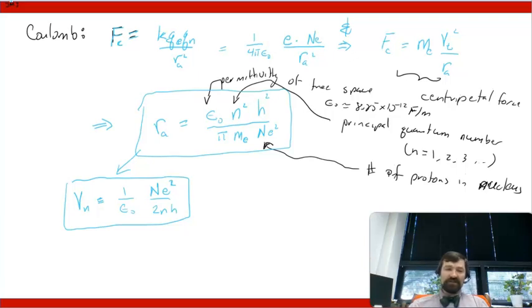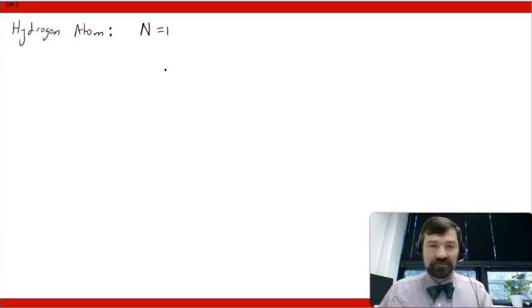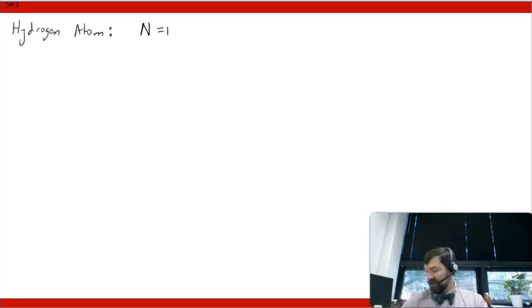The other is we can estimate for a hydrogen atom. For a hydrogen atom, there's only one proton in the nucleus. There's also only one electron present. And so what that means is that we can figure out the radius of this atom in terms of this principal quantum number.